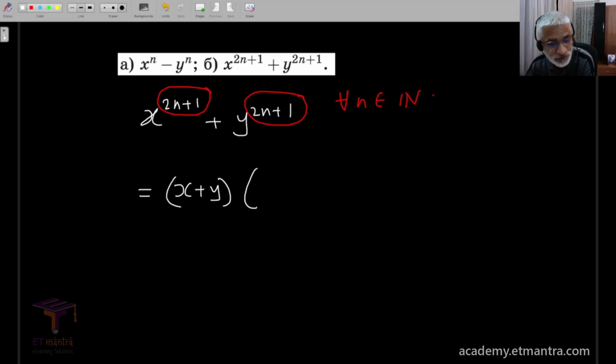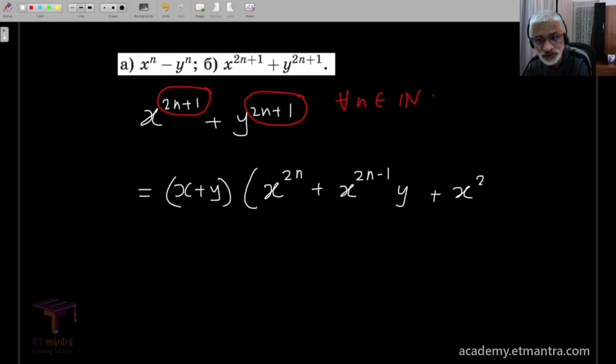The other factor is also not very difficult to memorize, and I'm going to presently write it like this: plus x raised to 2n minus 1 y plus x raised to 2n minus 2 y square. And I think I've already made a mistake. This is important, so I'm going to correct my mistake. This is actually minus. So there is an alternating sign now, and you've got to remember this.